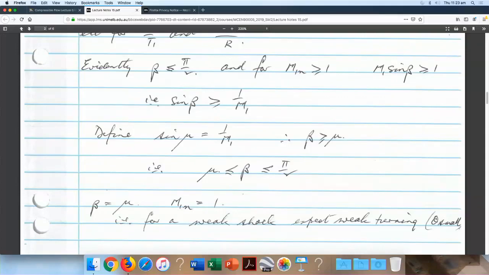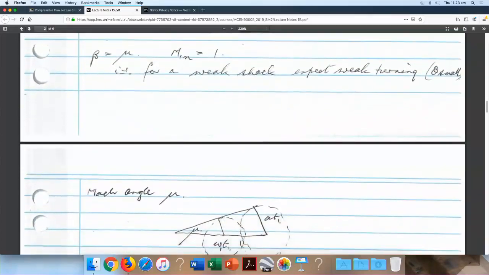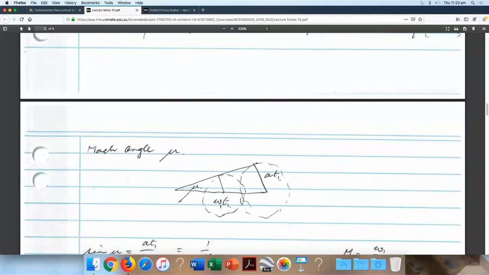That is, for a weak shock, we can expect weak turning and theta to be small. And that's true for a weak shock. Now, why is the Mach angle such an important idea? I want to motivate it.